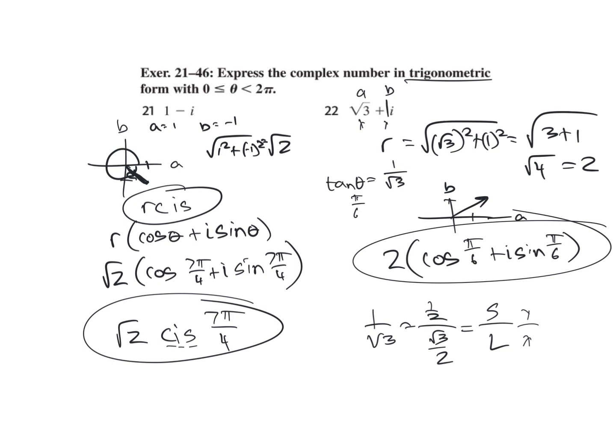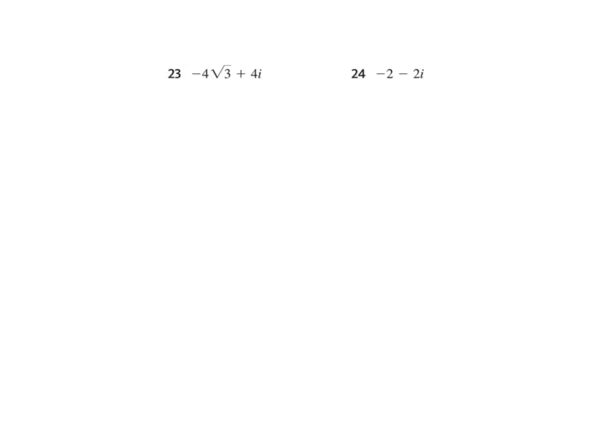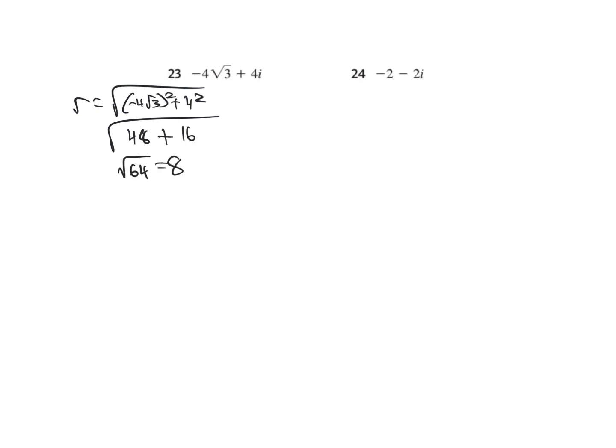Next question. Okay, same type of thing. r equals the square root of negative 4 square root of 3 squared plus 4 squared. So what is that? 16 times 3 is 48. Plus 16 is going to be the square root of 64, which is 8. All right, what is theta? That's the tangent of 4 over negative 4 square root of 3, or 1 over negative square root of 3.